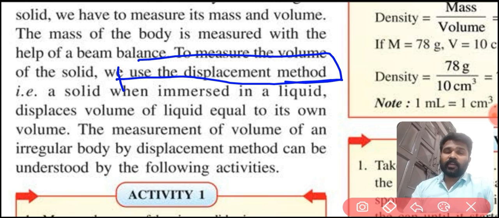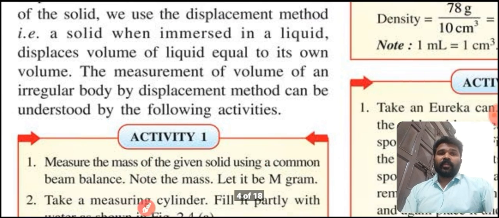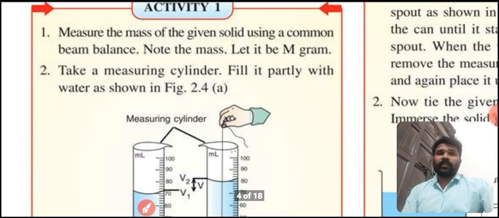When we immerse a solid substance in a liquid, some part of the liquid will be splashed out. That will be the volume of the particular object or solid. The measurement of volume of an irregular body by displacement method can be understood by the following activities. Here we can have one activity.